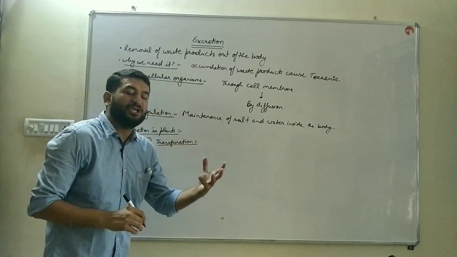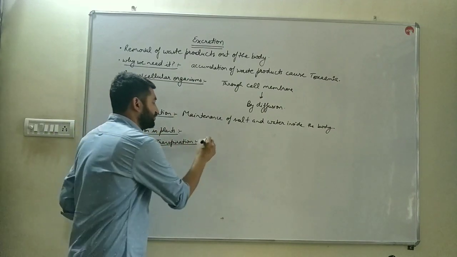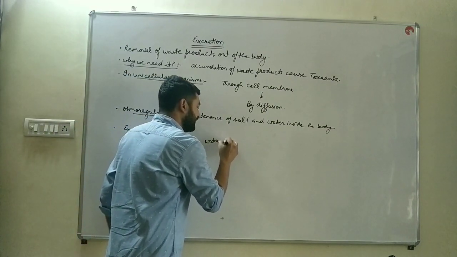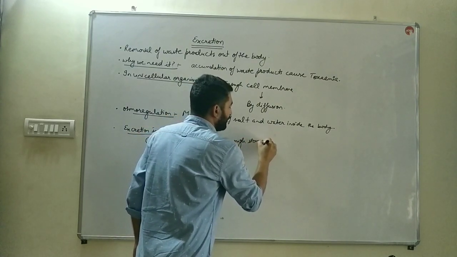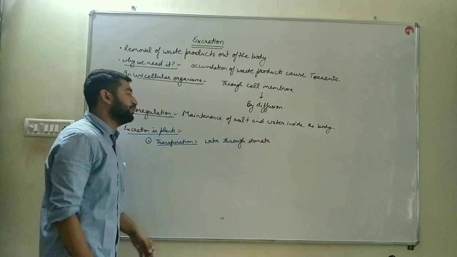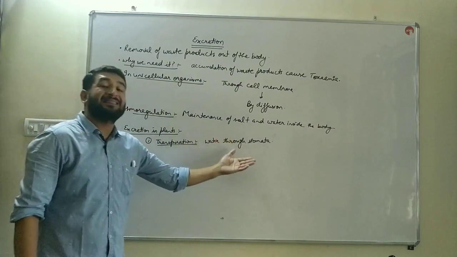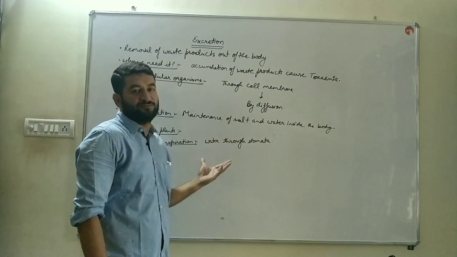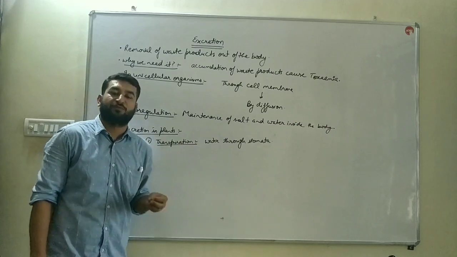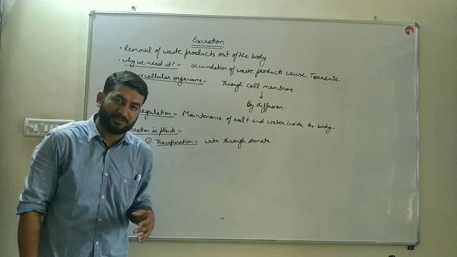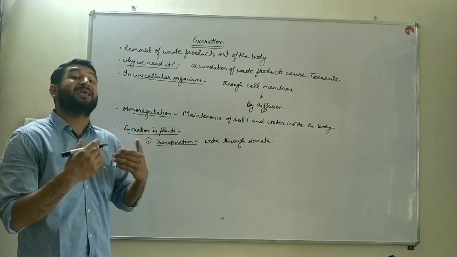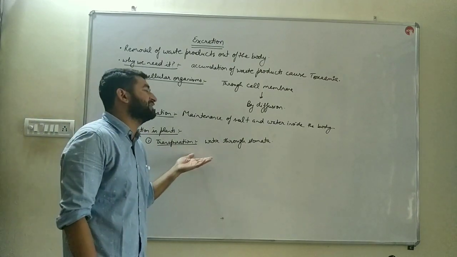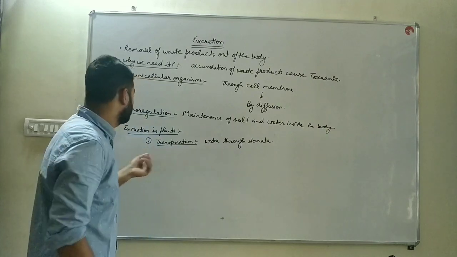Excess water is removed through stomata, tiny microscopic pores present in the leaves. The loss of excess water in the form of water vapors through the stomata, or by the aerial parts of the plants, is known as transpiration.